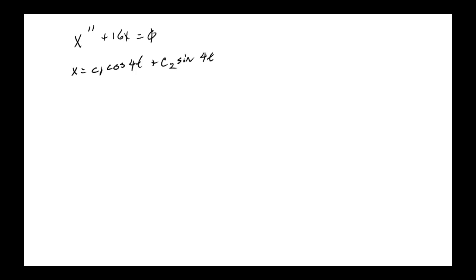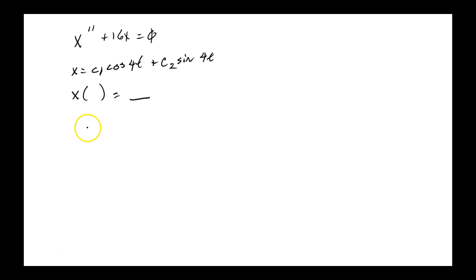So, yeah, we can verify that pretty easily and quickly, okay? Now, it says find a solution of the initial value problem. What are we going to have in the initial value problem? X at some value must be some value.